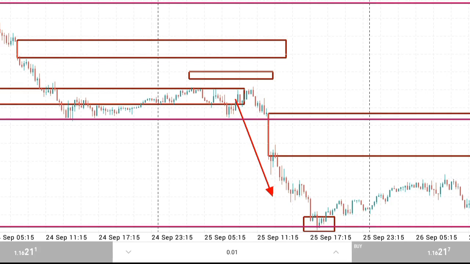Now, rising price with increasing volume suggests strong demand, while falling price with high volume indicate what? Strong supply. That's just what I was actually explaining. And then the last is the market imbalance.